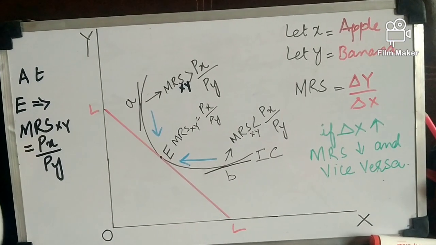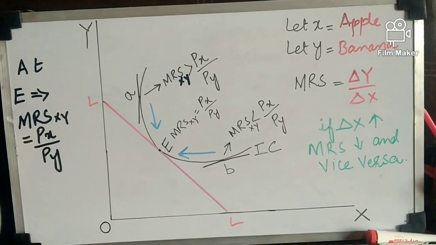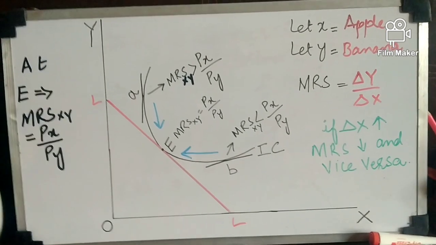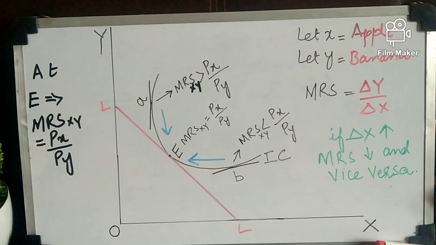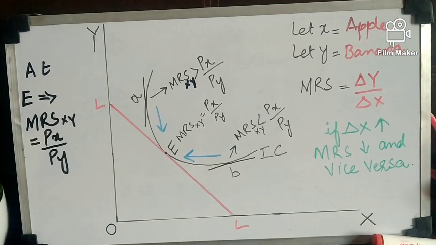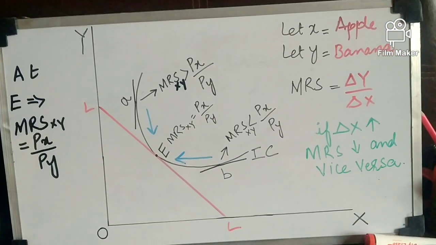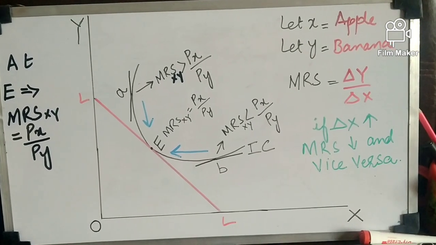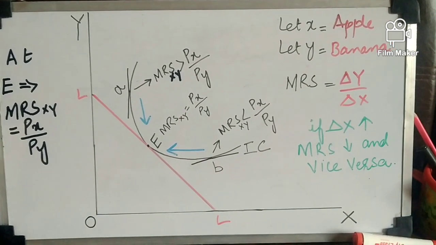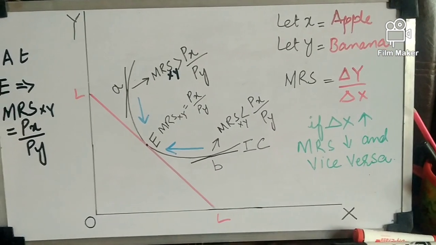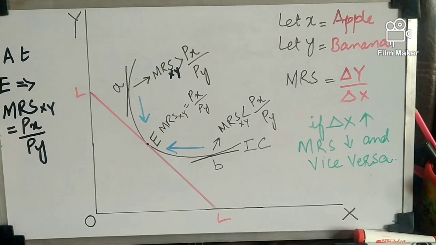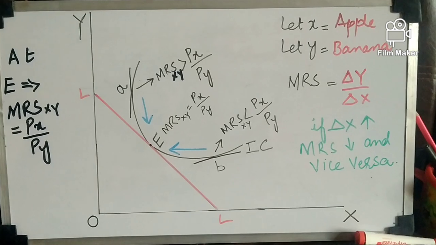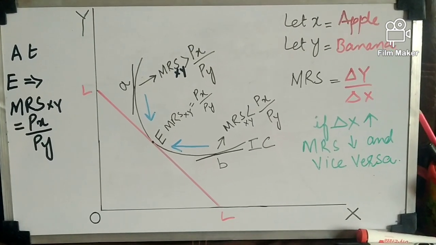Now if we take a point below the point E, at point B, again the slope of the indifference curve is less than the slope of the budget line, as the slope of the indifference curve is the marginal rate of substitution between x and y, and the slope of the budget line is price of x over price of y. As I told you before, the line which is steeper has more slope, and the one which is flatter has less.